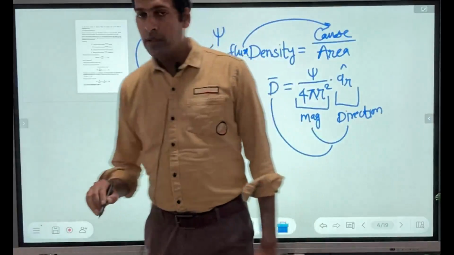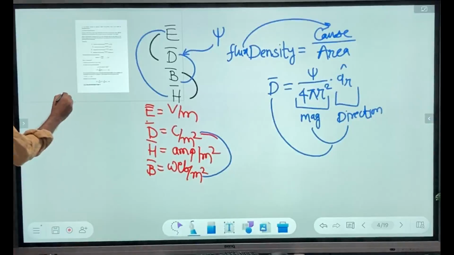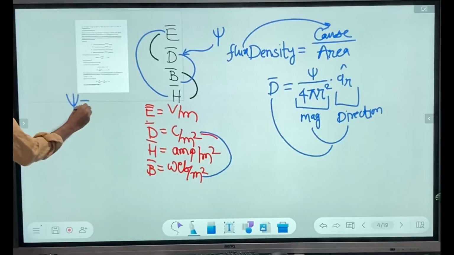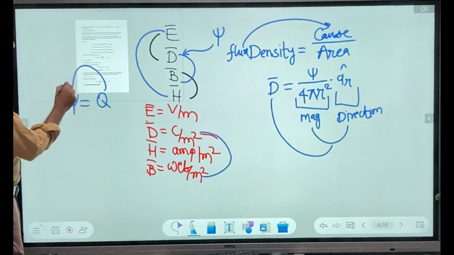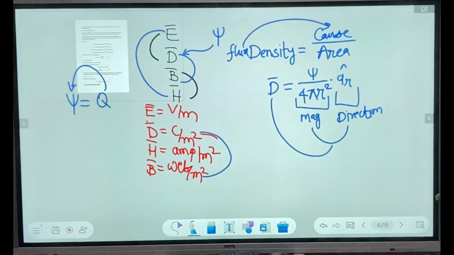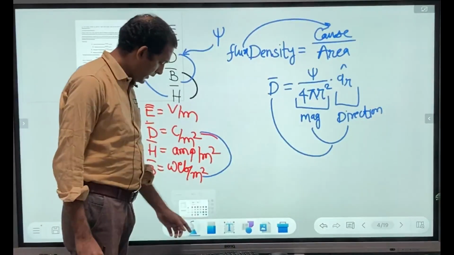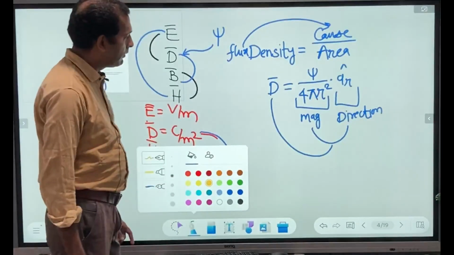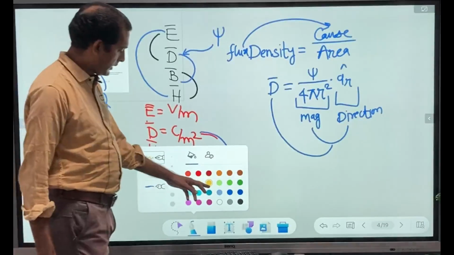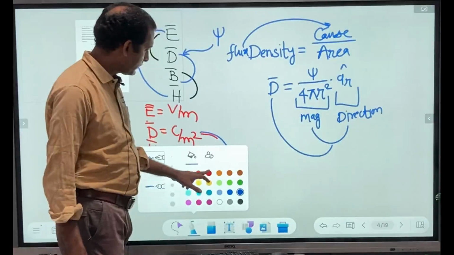Now if we consider the logic of our previous discussion, psi is nothing but Q. How much charge is present, the same will be crossed in the form of flux. So if we have to modify this expression, we can write charge in place of flux.